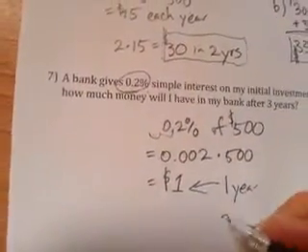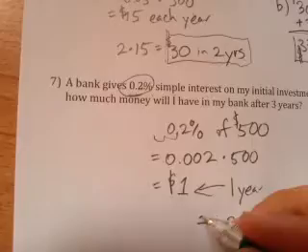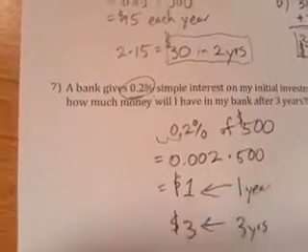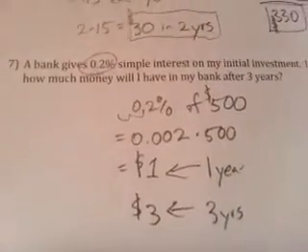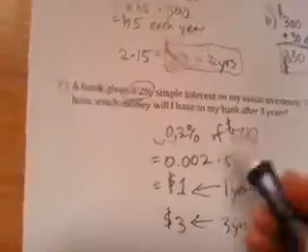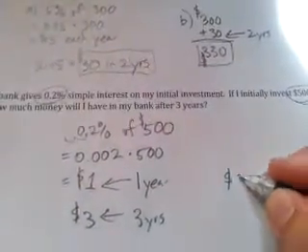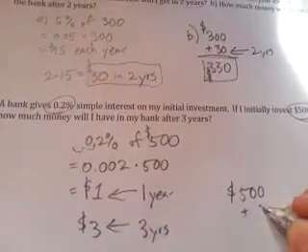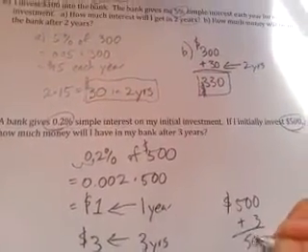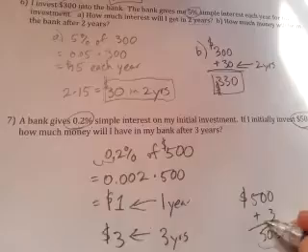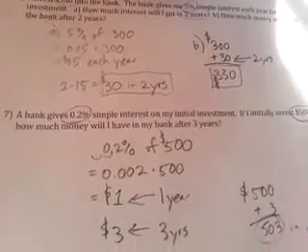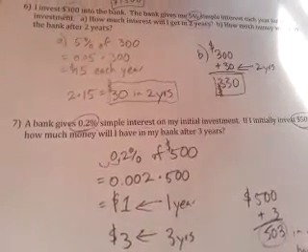So then in 3 years, I would get $3. That should be pretty obvious. So then it's asking me how much money is in the bank. I started with $500, and now I add 3, so therefore there is $503 in my bank.